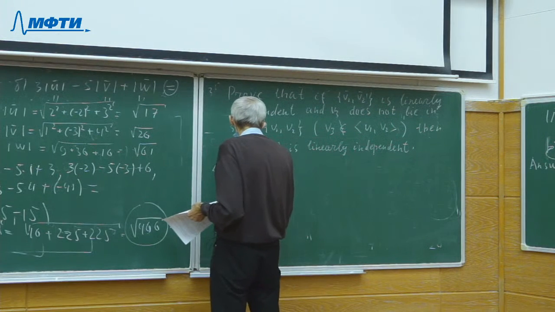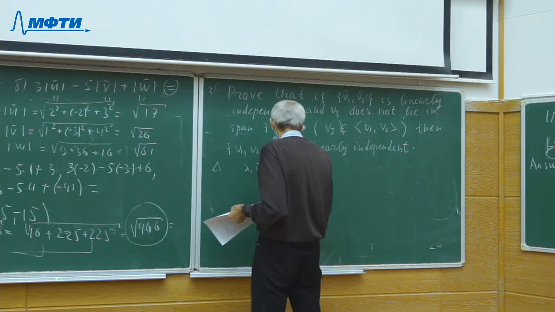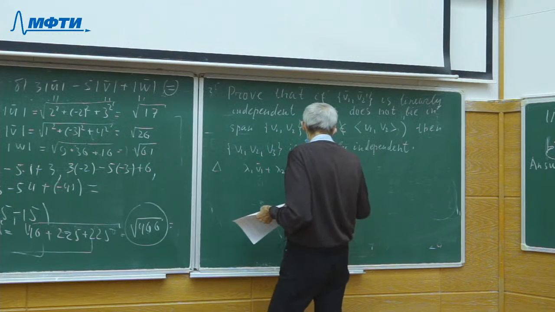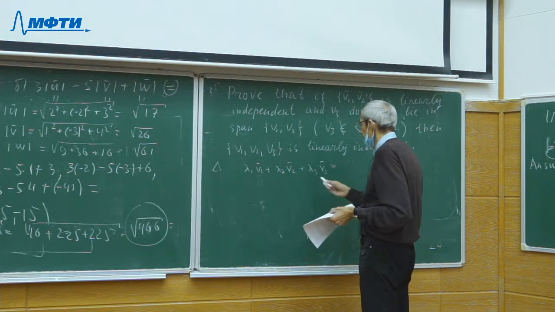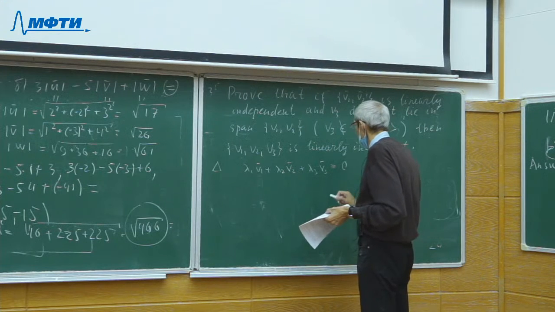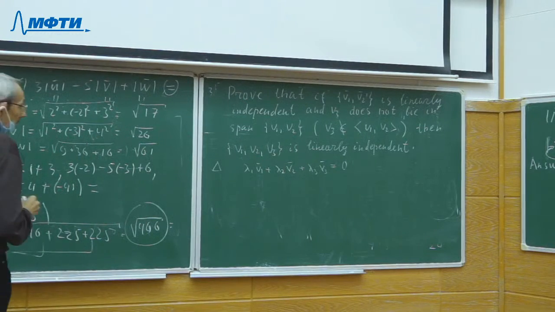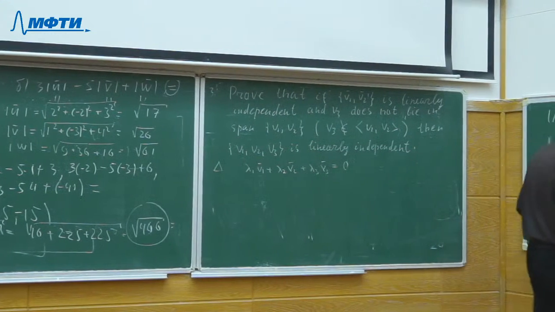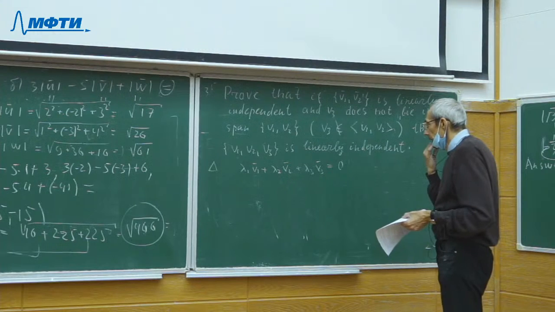Let's consider a linear combination of the vectors v1, v2 and v3, and let this linear combination be equal to 0. We want to prove that all coefficients of this combination are equal to 0.